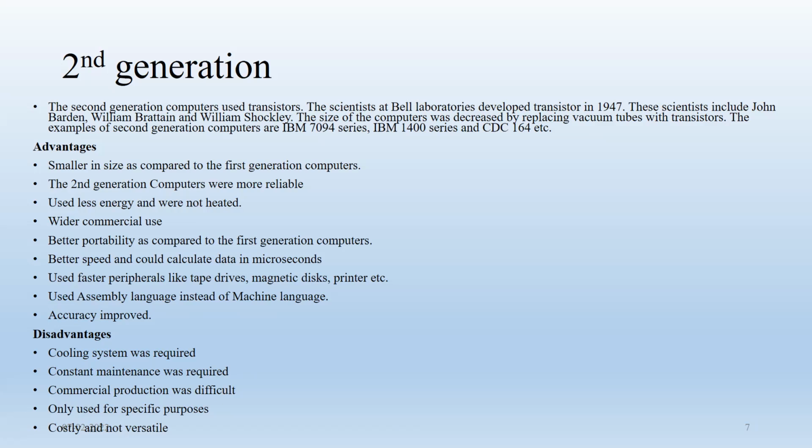But the second generation, as it was based on transistors, understood assembly language, which is in the form of codes. For each operation, there is a code word. For example, if we want to add two numbers, there will be an instruction ADD A, B, meaning add the contents of A and B locations and send to the accumulator. Better accuracy.